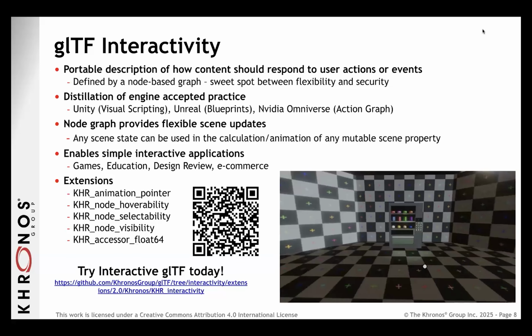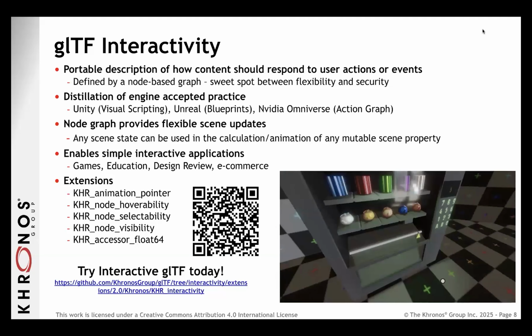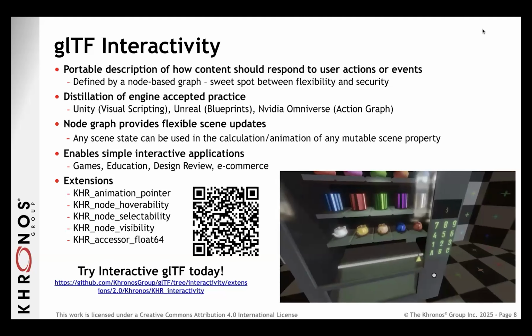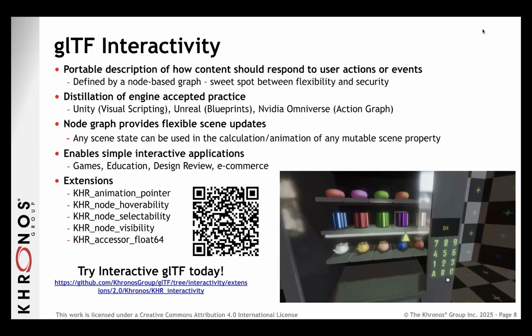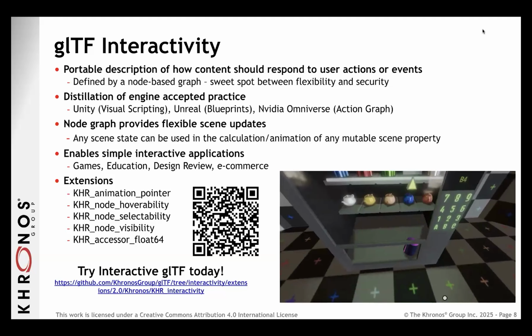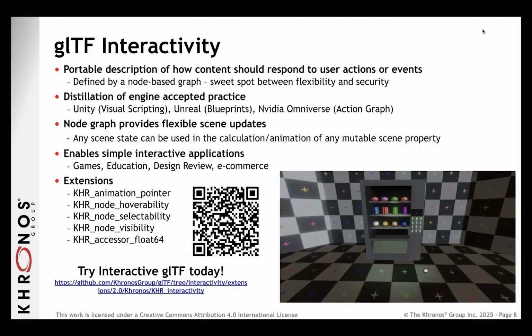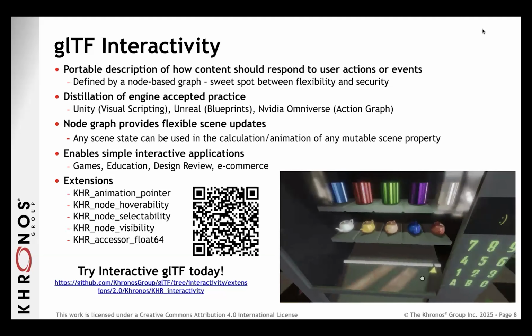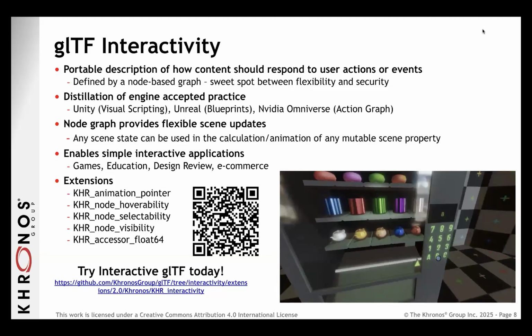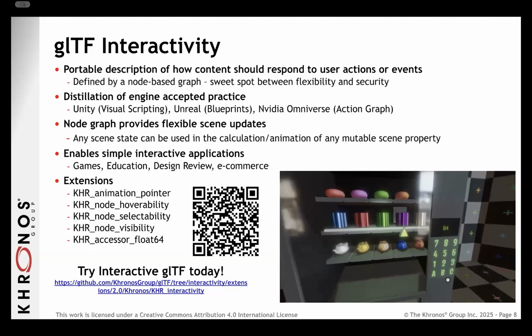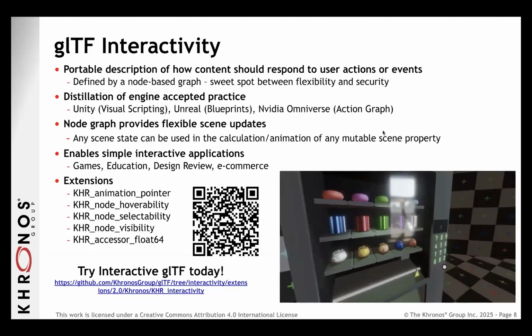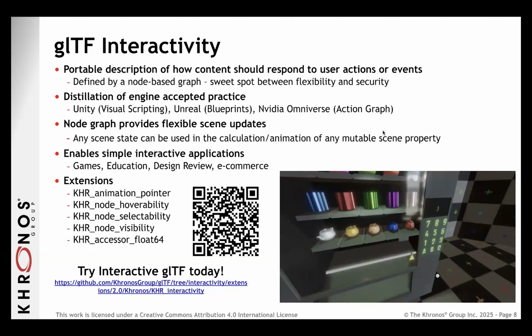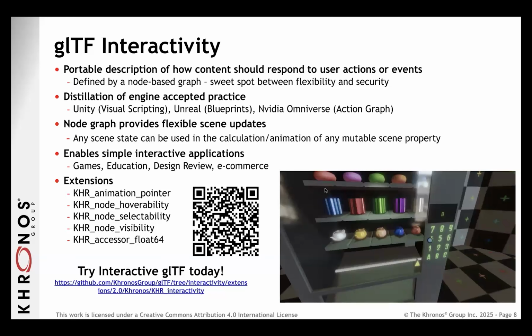You can enable and disable nodes, and show and hide the nodes by node visibility. And accessor float64 is pretty much mechanical, but describes how we can store and address doubles inside the content of glTF files. This spec is almost ready. We're really looking not only for input on this, but on the actual implementation. Please use the QR code and start to use it today.